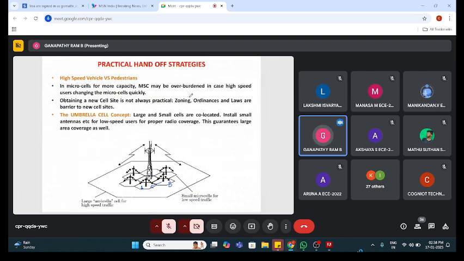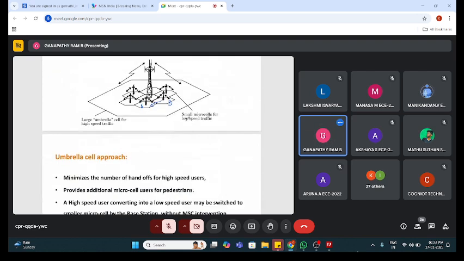There are several practical handoff scenarios, as the velocity of each mobile equipment differs from pedestrian to high-speed vehicle. For pedestrians, there are microcell zoning concepts, and high-power transmitters are used for fast-moving vehicles.